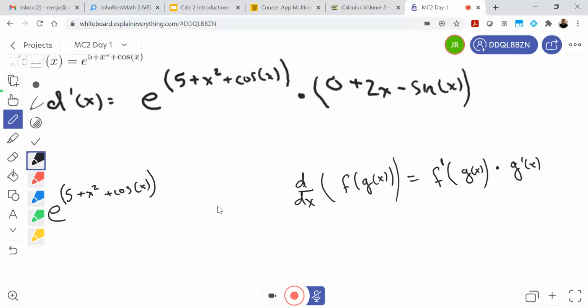So in this case, the outside function is the exponential function, e to the x, and the derivative of e to the x is just e to the x.